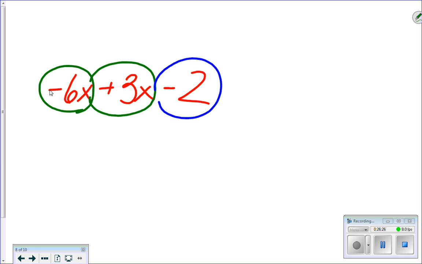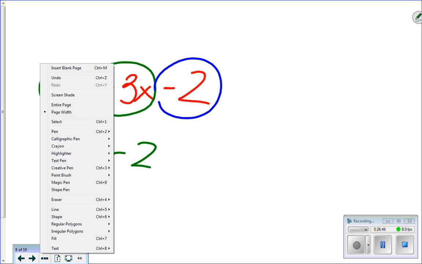Okay, so now look at here. This is negative 6x plus 3x. So you got to think to your negative rules. Negative 6x plus 3x. What's that? Negative 3x minus 2. So careful with the negative signs.